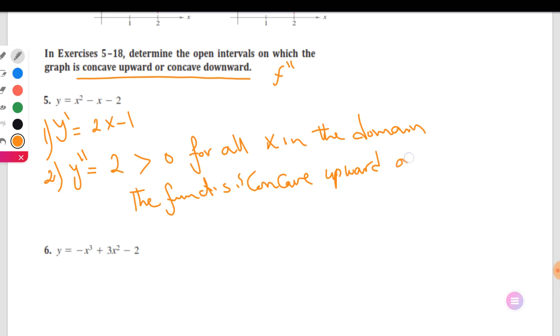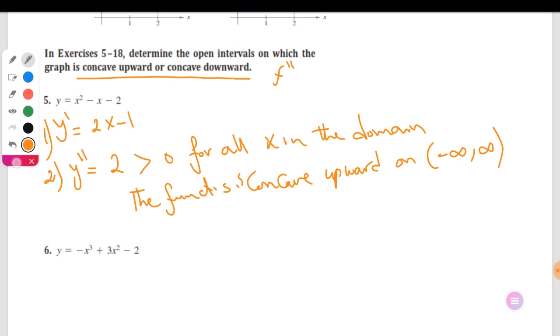This means on which interval? All real numbers, from negative infinity to infinity. Okay? Since the second derivative is constant and positive for all values of x, the function is concave upward on all real numbers, which is its domain.